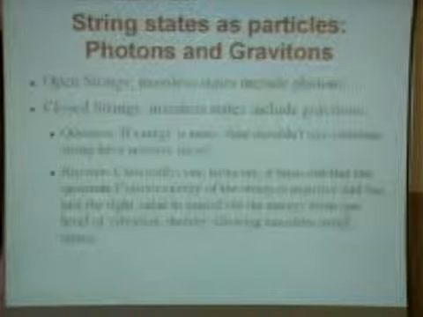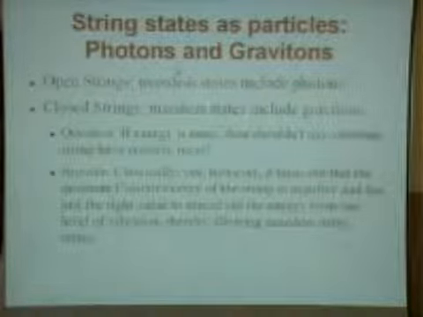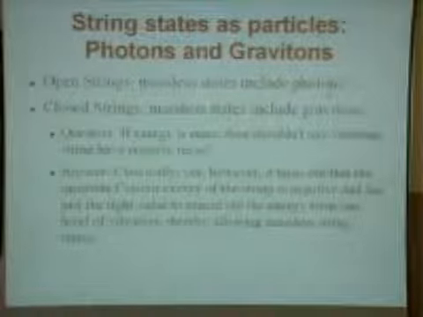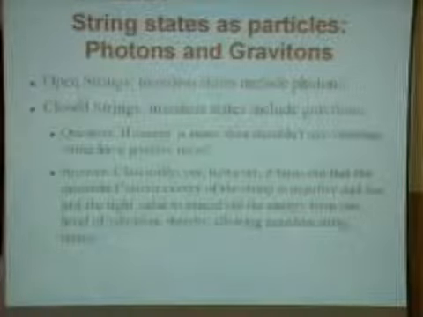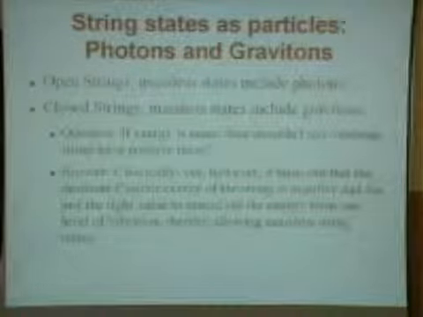Immediately you can see that energy is mass in special relativity, so the states with energy 0, the massless states, include photons for open strings, which are strings with endpoints. For loops, massless states include gravitons. We can just see that by quantizing the string.